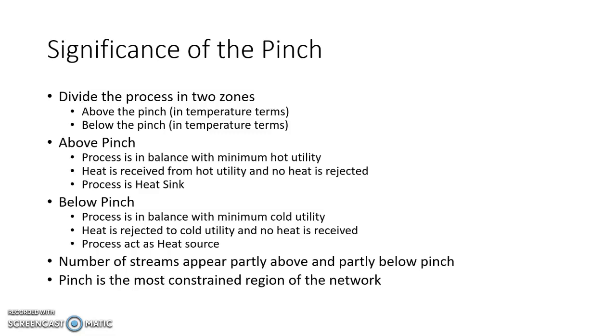This we will discuss when we discuss the pinch design method and applying that to the heat exchanger network. And as I already told in the beginning of this video, the pinch is the most constrained region where the delta T is 10, and if the temperature difference goes below that, our entire energy balance gets impacted, because our entire energy target is based on making sure that the delta T minimum condition is not violated.